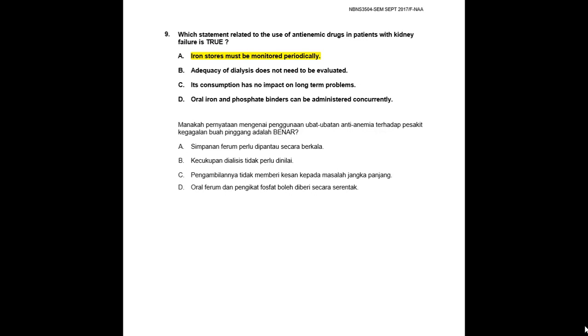We cannot say its consumption has no impact. And then answer D, oral iron and phosphate binders can be administered concurrently. That means oral iron and phosphate binders can be administered at the same time.